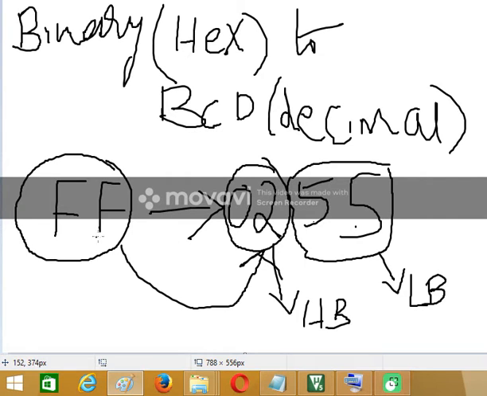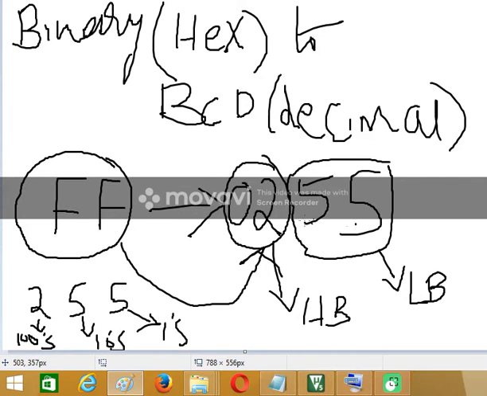Now the question is, how will you get this FF to 255? You take normal mathematical basics. You know that when you have a number 255, this is called the hundreds place, and this is called the tens place, and this is called the units or ones place. This is what the meaning is. Now why is it called the hundreds place?